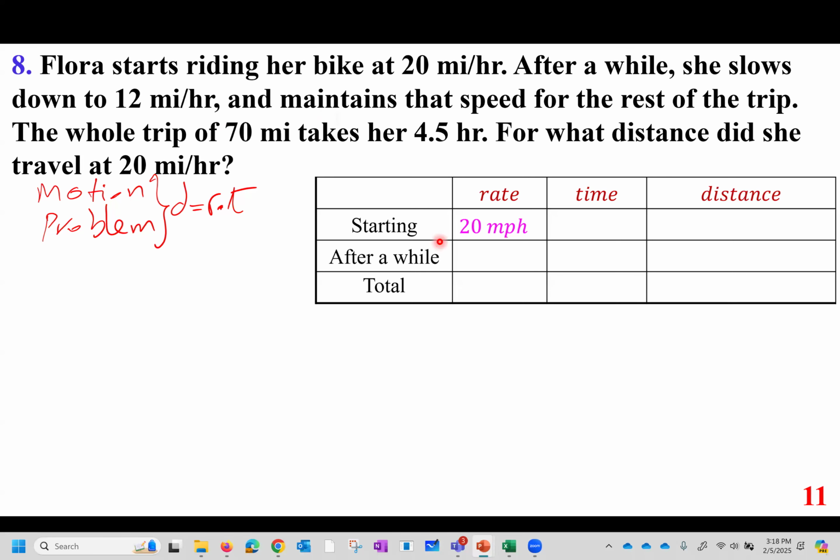After a while, 12 miles per hour. The whole trip of 70 miles distance, the total goes here. Takes 4.5 hours. Time takes total of 4.5 hours. So I hope you see what is given where you put it.